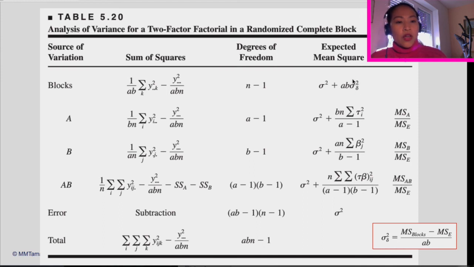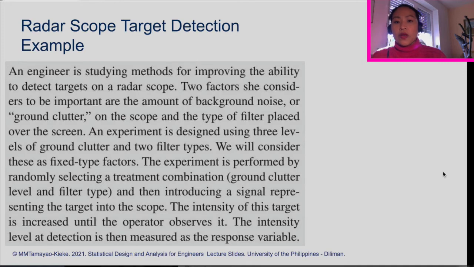You will notice here a new term, sigma squared sub delta. So this is the variance due to the block, and this is equal to MS blocks, mean square blocks, minus mean square error, divided by the product of a and b, which are the number of levels for factors A and B respectively. Okay, so let's apply that in an example.